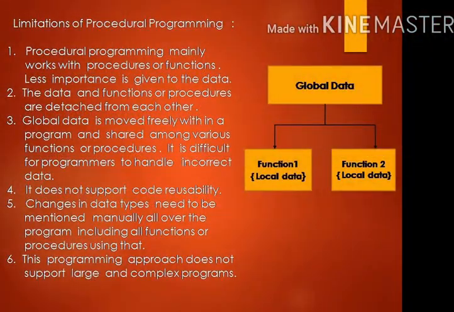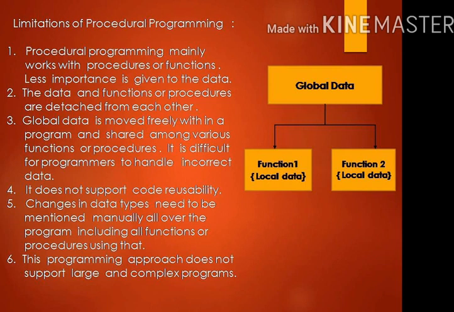The next slide is about limitation of procedural programming. The limitations of procedural programming are as follows. Number 1. Procedural programming mainly works with procedures or functions. Less importance is given to the data.